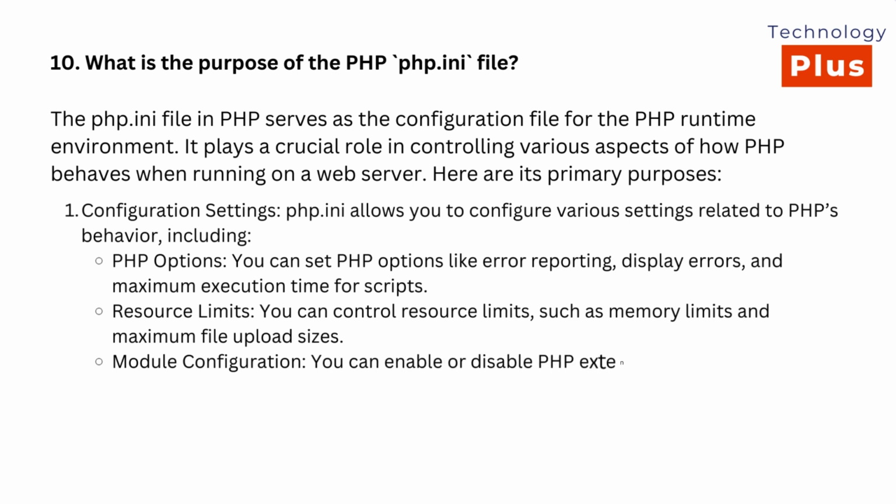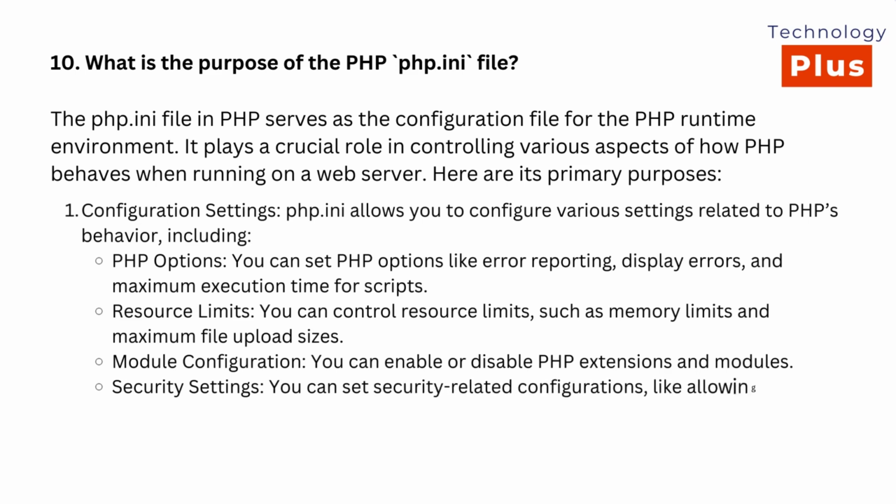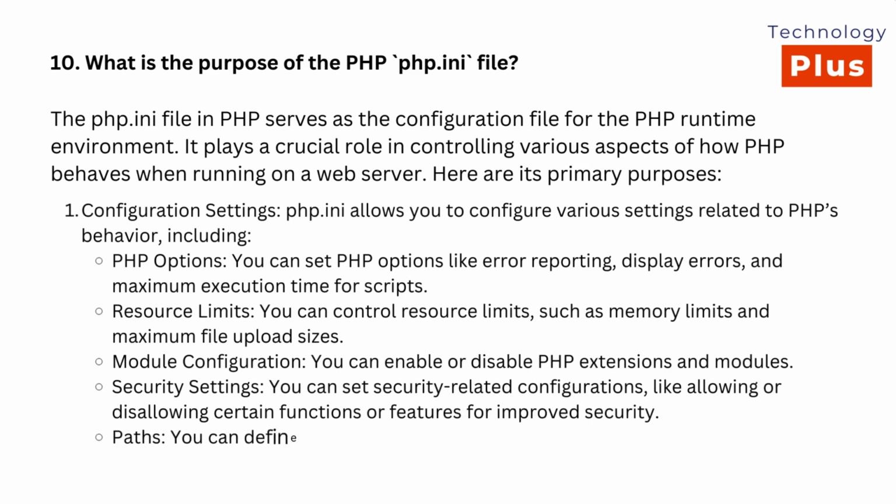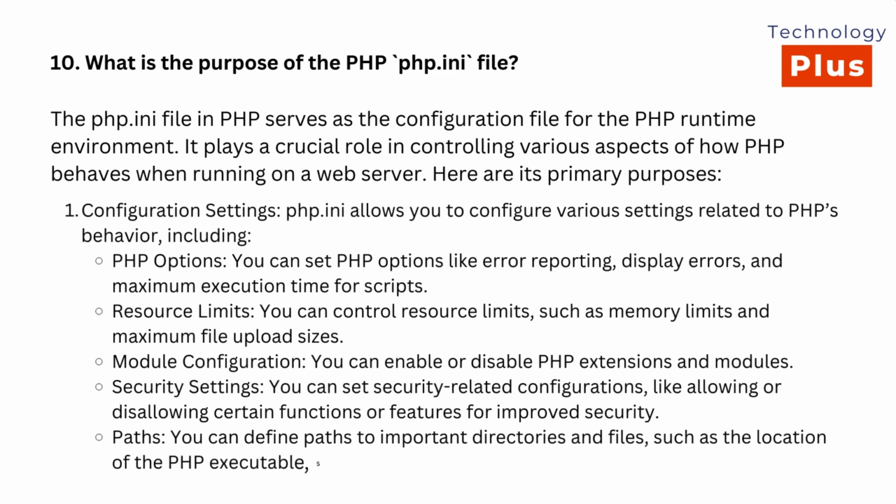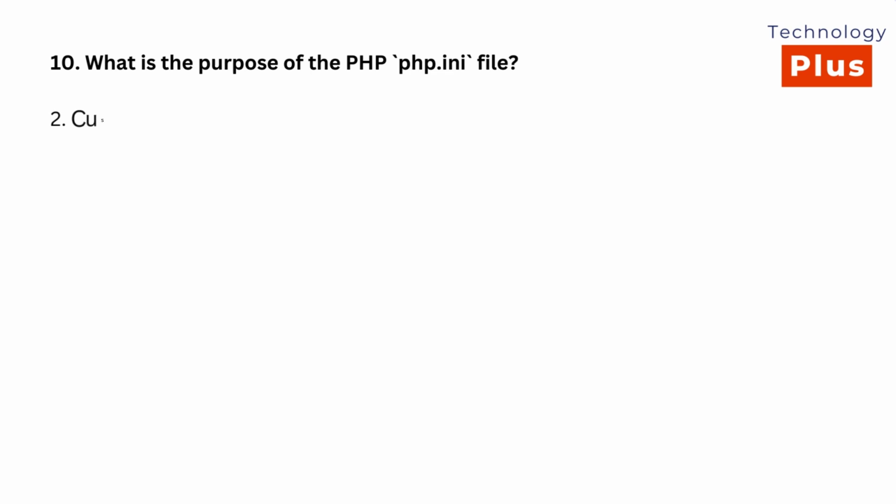Module configuration: you can enable or disable PHP extensions and modules. Security settings: you can set security-related configurations, like allowing or disallowing certain functions or features for improved security. Paths: you can define paths to important directories and files, such as the location of the PHP executable, session save path, and temporary directory.